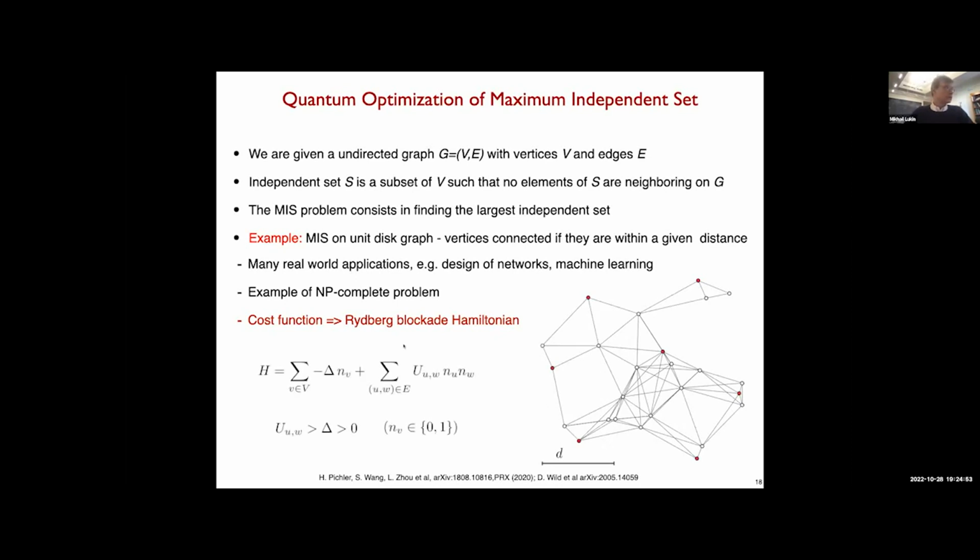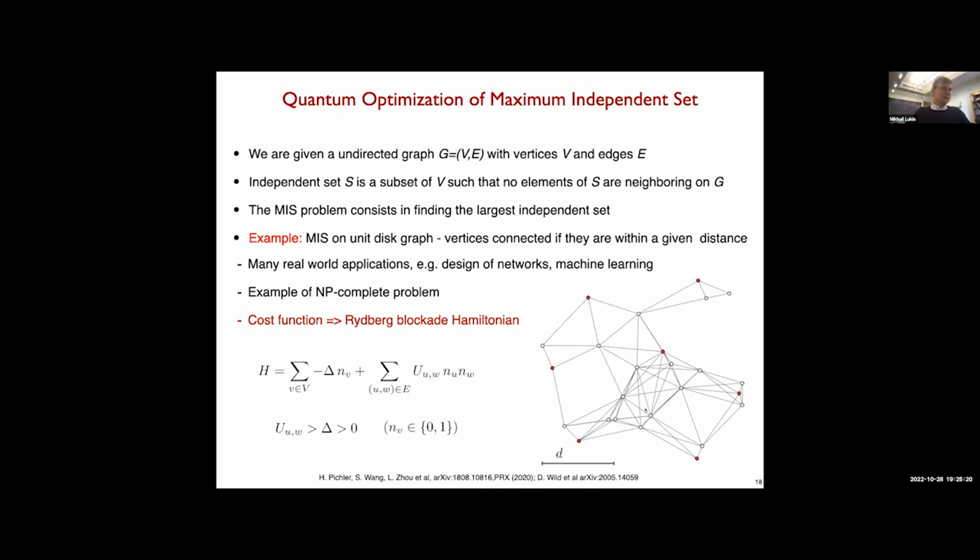So in fact, the classical cost function of this problem corresponds to the classical cost function of the Rydberg Hamiltonian. So basically there is this detuning term, which you would like to make positive to maximize the number of Rydberg atoms, or in other words, maximize the number of vertices you can color, but you will not be able to color any vertices which are sitting within blockade radius.